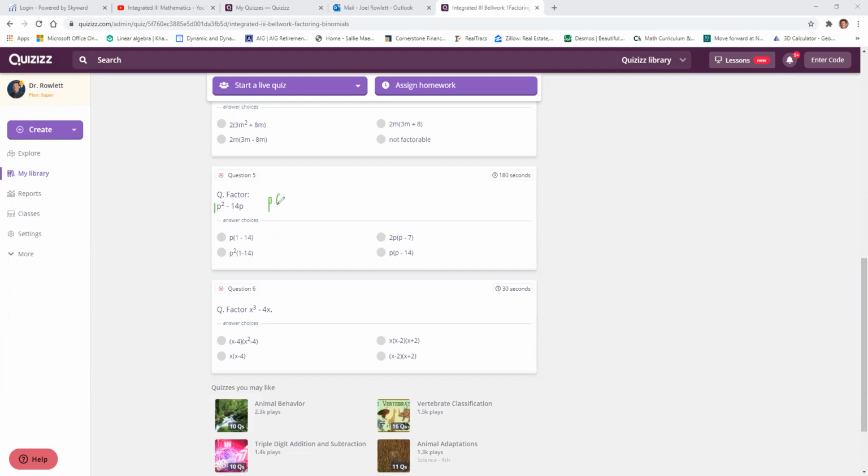And that's going to leave me in parentheses p minus 14. Because p times p is p squared. I have the minus. And then 14 times p would give you 14p. So that does check. So the answer appears to be this one here.